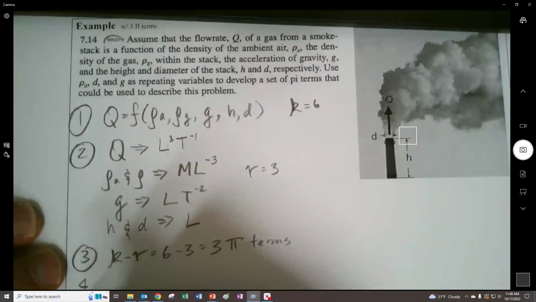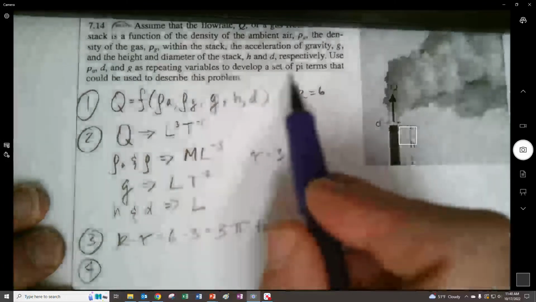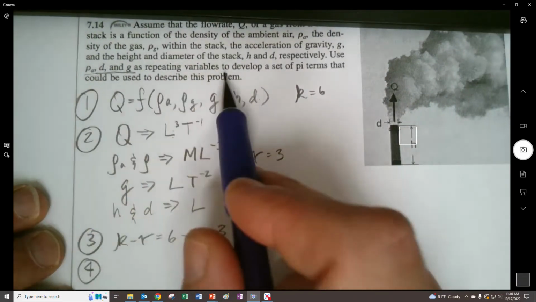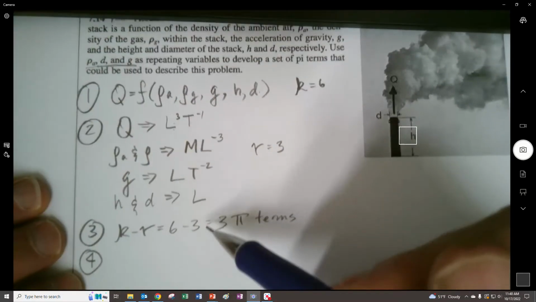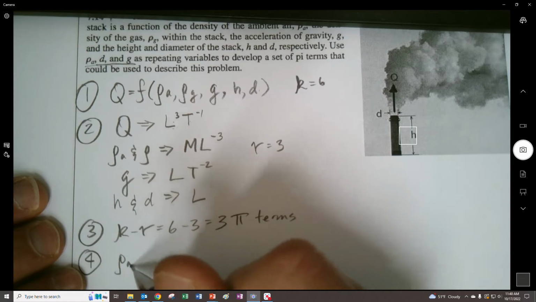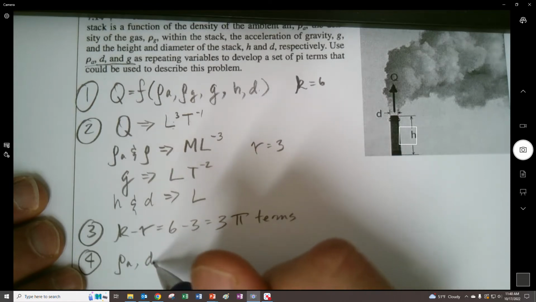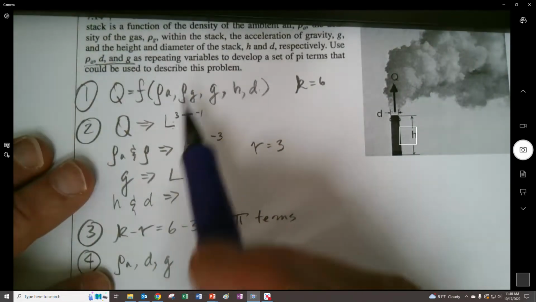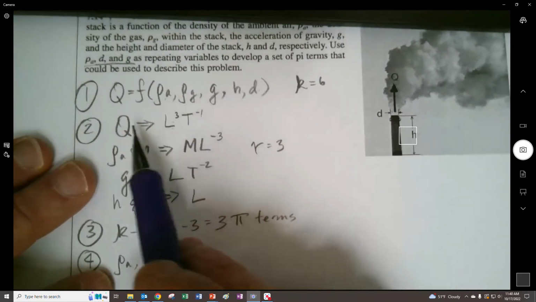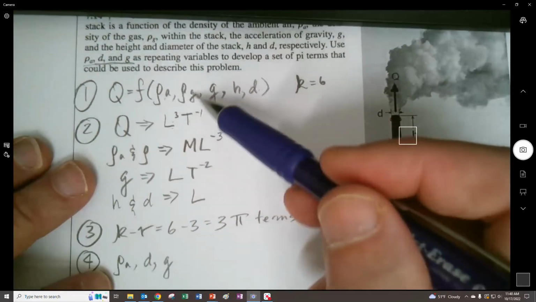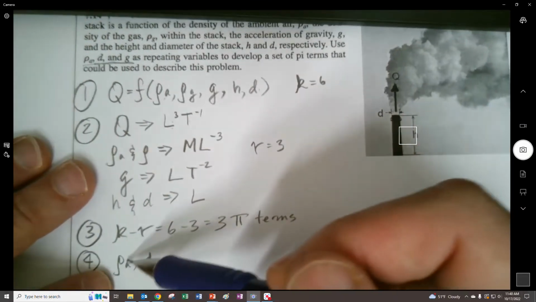Step 4 has been kind of done for us in the problem statement because they said to use these as the repeating variables. If we didn't have those, we could think our way through them. We might have chosen other things than this, but we wouldn't have chosen 2 of the densities, right? Because they've already represented one of them. So we might go with the density of the gas instead of the air.